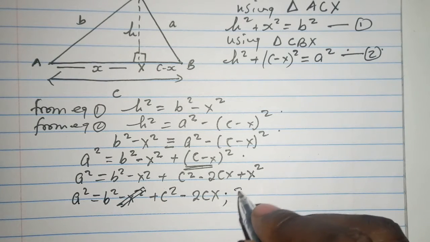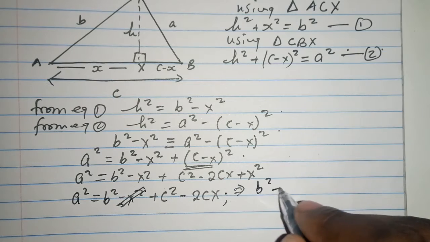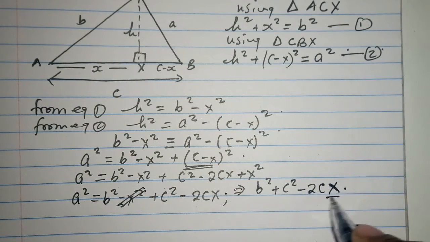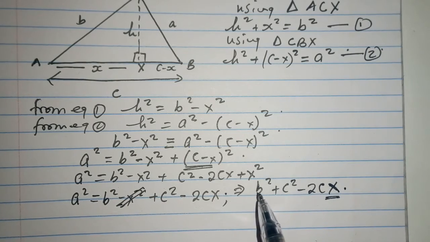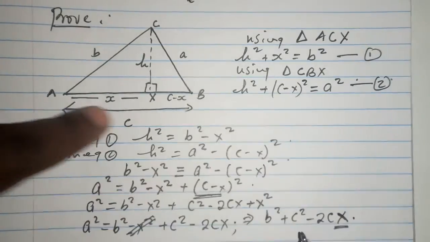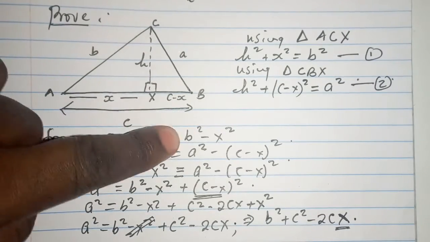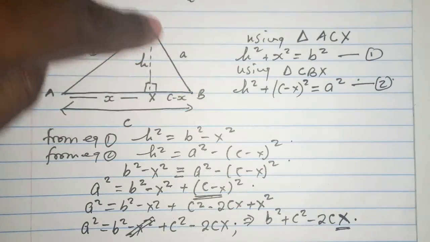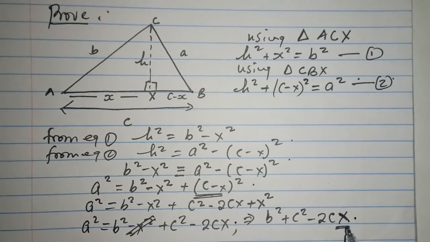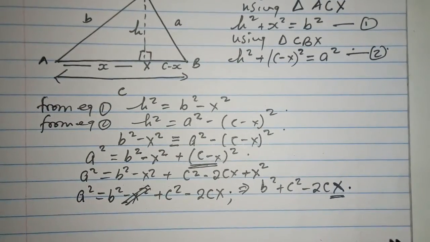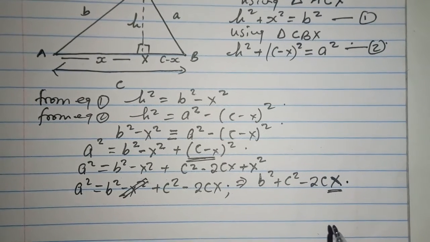We are left with b squared plus c squared minus 2cx. But b, c and a are whole sides of our triangle, while x is not a whole side, it is just part of a side.